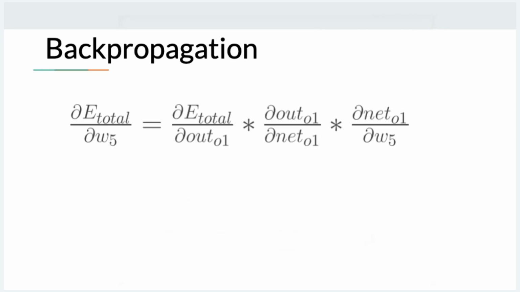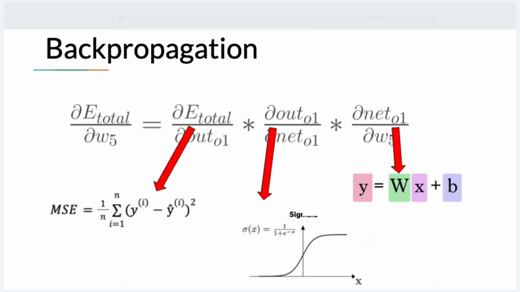That would be through the chain rule, and the concept is basically similar. So this is the total error, which can be your MSE, right? You calculate a derivative and keep the value of the output function as constant.